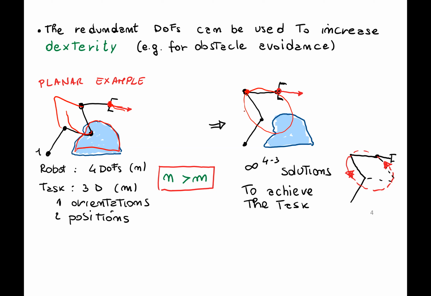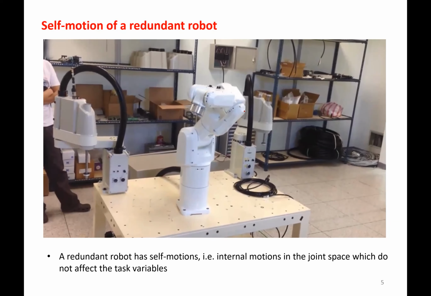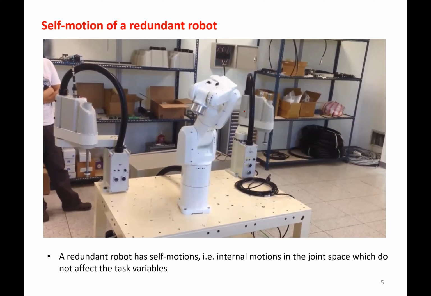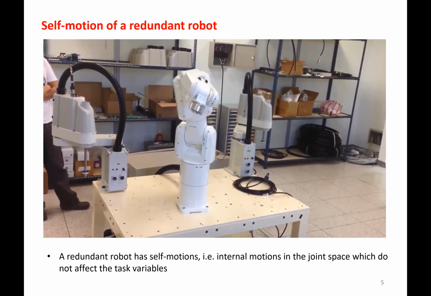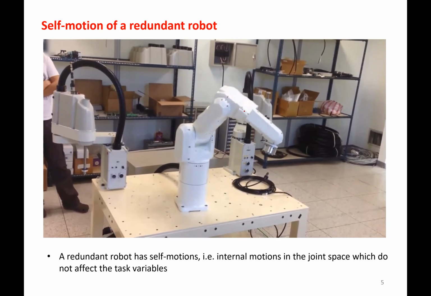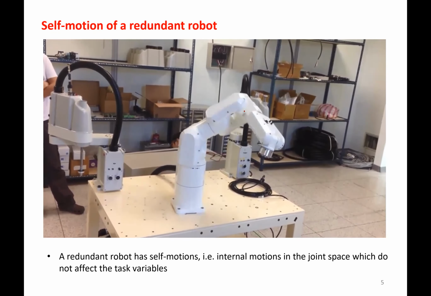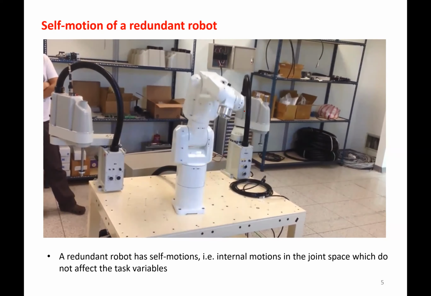And this is called self-motion. So self-motions are the internal motions in joint space that do not affect the task variables. And these self-motions are present only in a redundant robot.